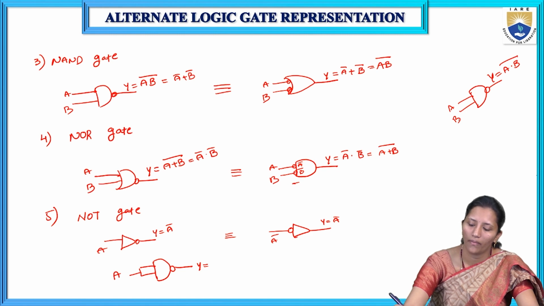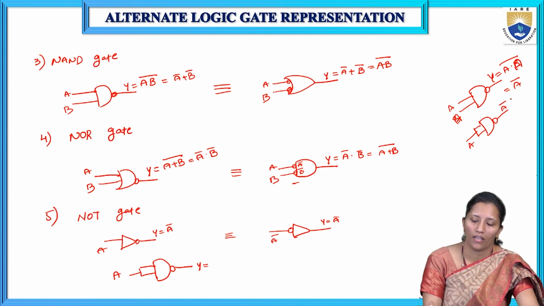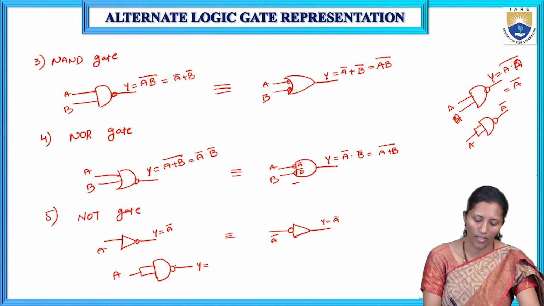Here I am giving both inputs as A and A. So I can write (A dot A) whole bar, that is A bar. A into A is nothing but A, so we can write A bar. Here we are inverting the operation of A. So this is the equivalent circuit of the NOT gate using NAND.